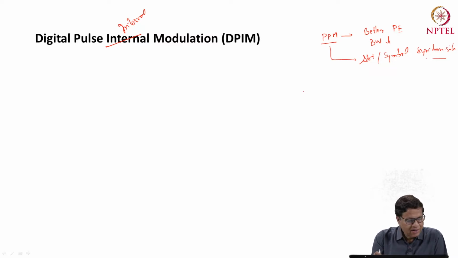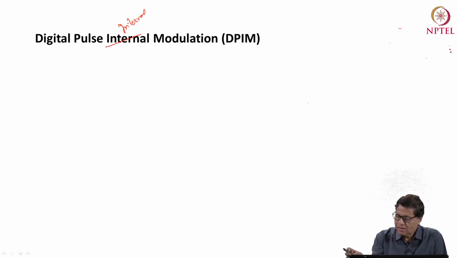So if I take an OOK signal, let me draw an OOK signal first, and I'm taking slots like this. So this is, for example, one symbol, and suppose this is 1, others are 0, 0, 1, 0.